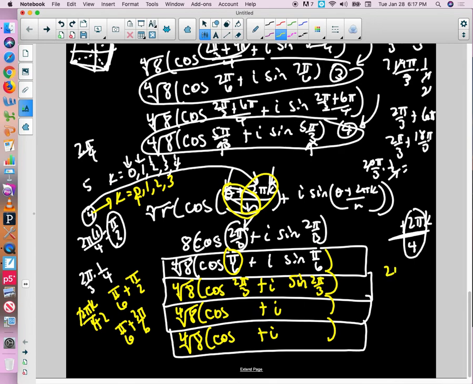So now I'm going to take 2 pi over 3 and add this pi over 2. So that's going to be 4 pi over 6 plus 3 pi over 6 is 7 pi over 6. You might remember that number. And then to 7 pi over 6, I'm going to add pi over 2.